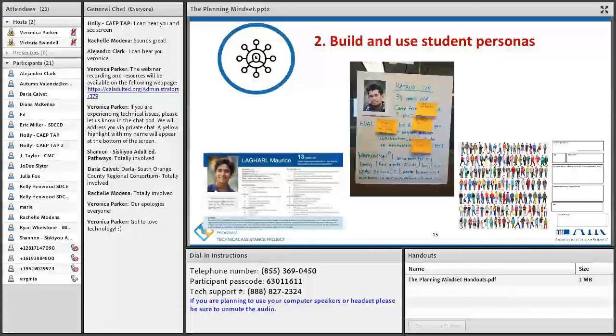That will be super important. Sometimes by just building some personas, some archetypes of your students, you're going to spark some innovative ideas. Wow, it seems like we've got a lot of students coming through who all share these kinds of interests or motivations.